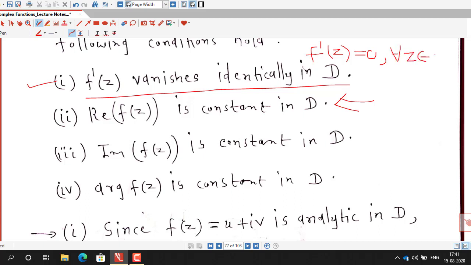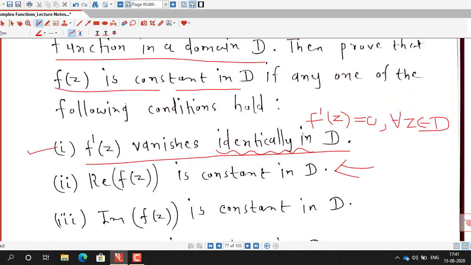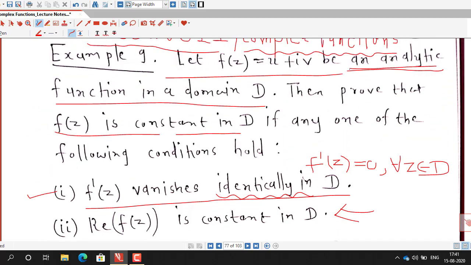Identically means value of f dash z is 0 for all points z in a domain D. So this is given. And another condition is function is analytic in a domain D, and we have to show that function is constant in a domain D.